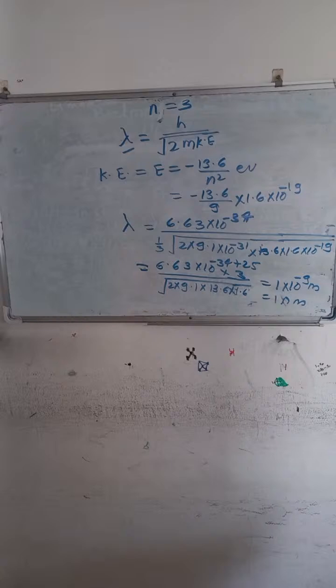The kinetic energy of the electron orbiting in the first excited state of a hydrogen atom is 3.4 electron volt.